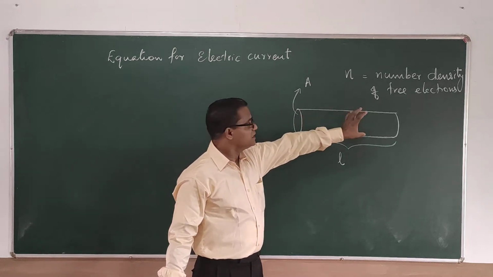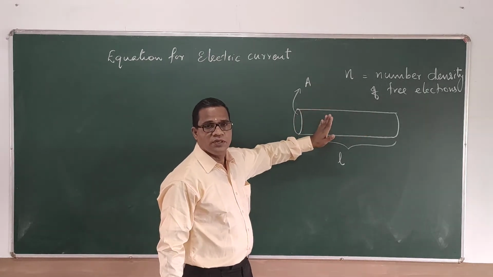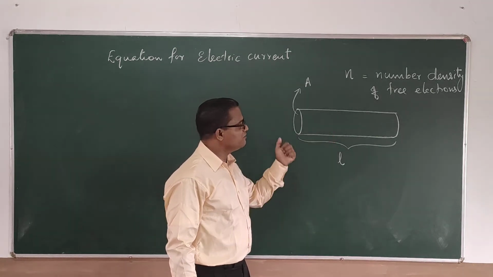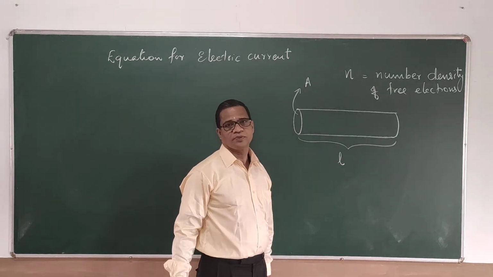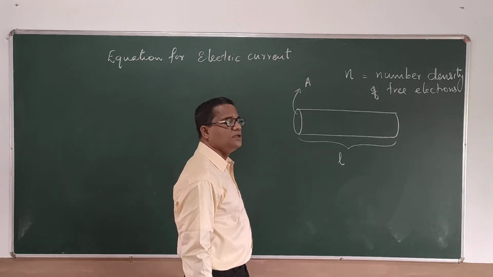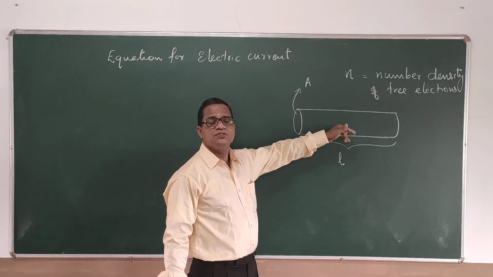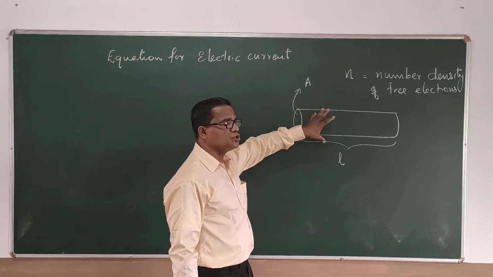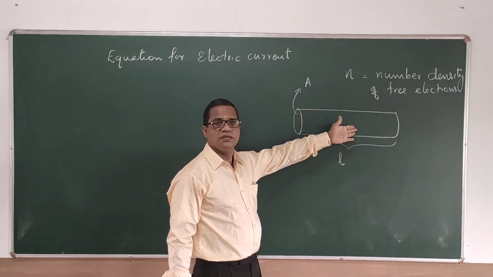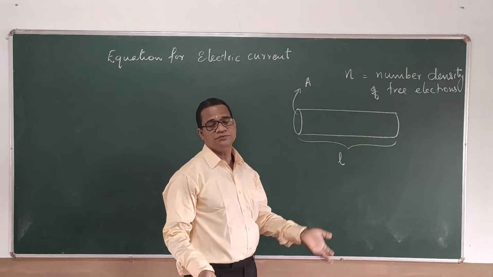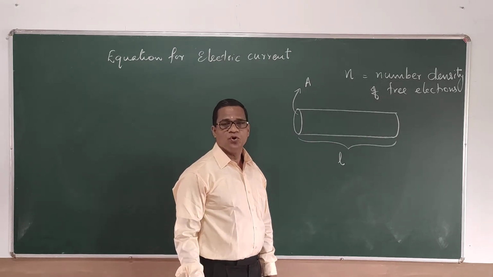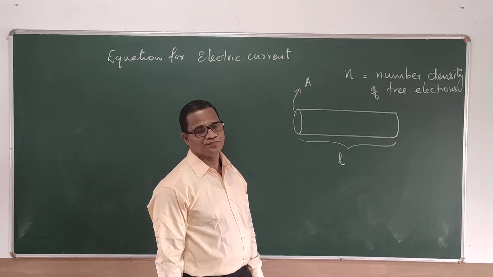Now, as we consider this metallic conductor under normal state itself, we have enough and more free electrons present, but still they are not able to produce electric current. The reason is all those free electrons will be at random motion, and therefore the net flow will be zero.